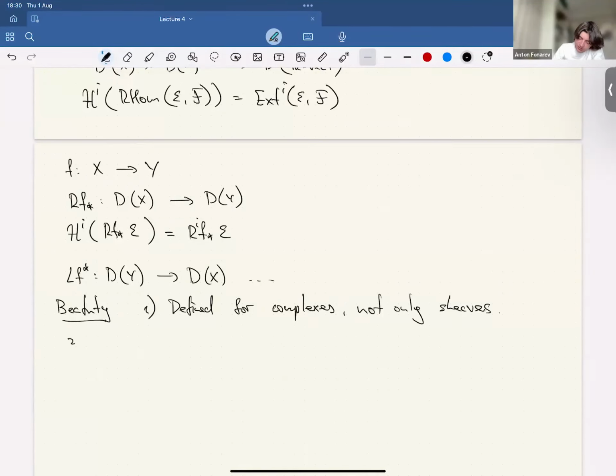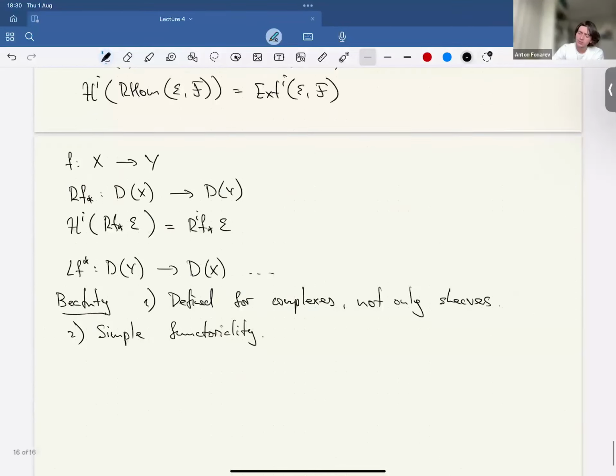Here's a more important thing. There's simple functoriality. Since these functors are defined using certain universal properties, you can look it up afterwards.